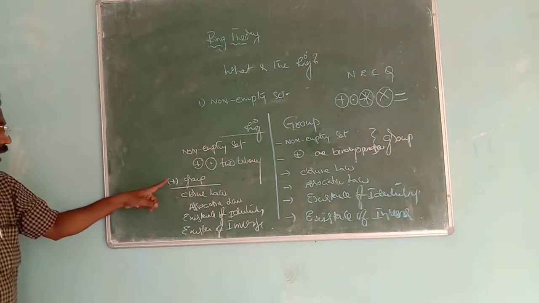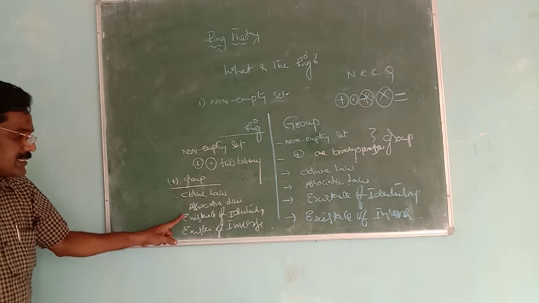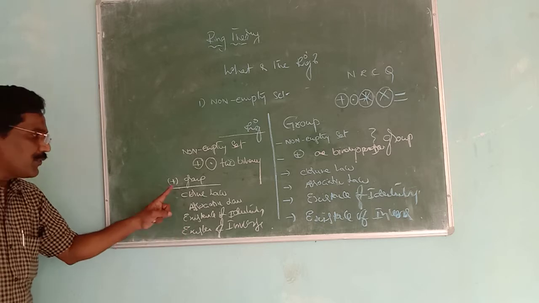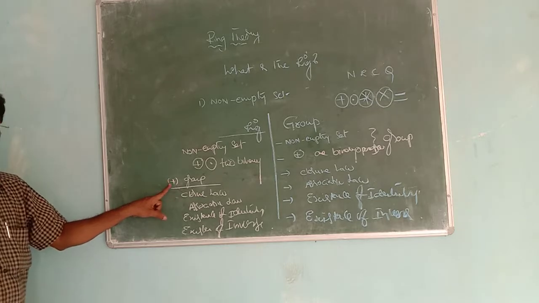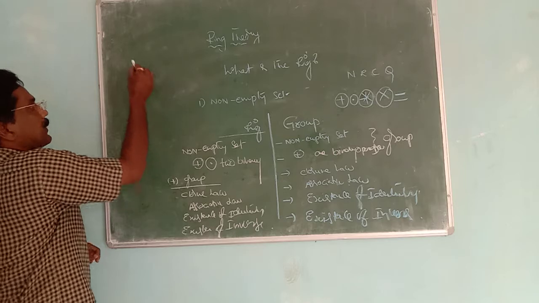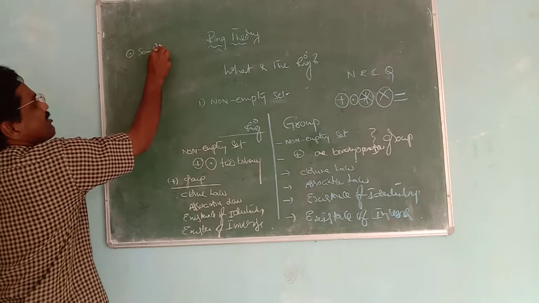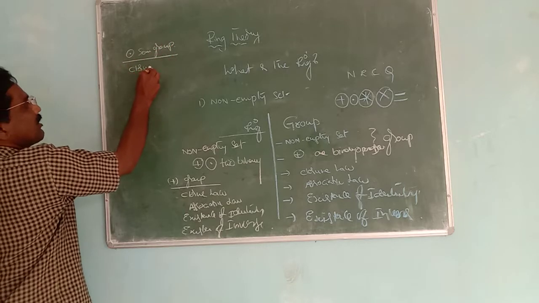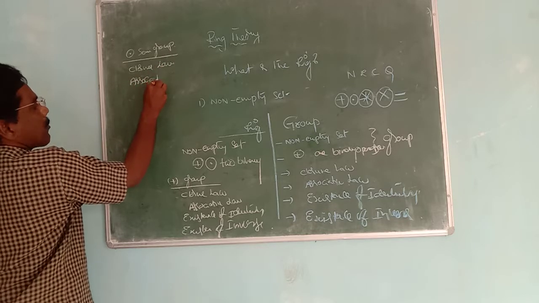The four conditions are satisfied, and with respect to addition it is a group. And the second binary operation, dot, is a semigroup, with only two conditions: closure law and associative law.